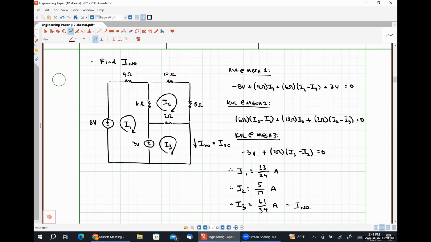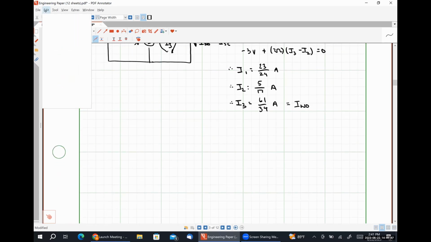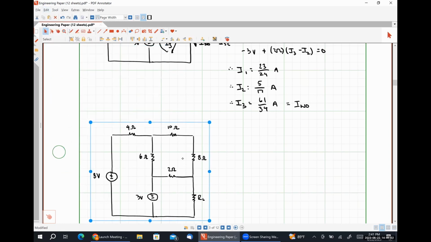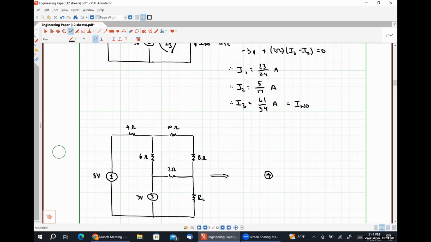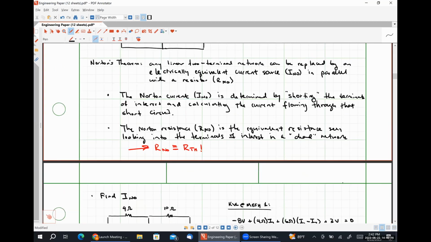So my Norton equivalent current is 61 over 34, which means that this circuit and this circuit, let's scroll up here because I don't remember what this resistance was off the top of my head, 40.8 over 22.4.